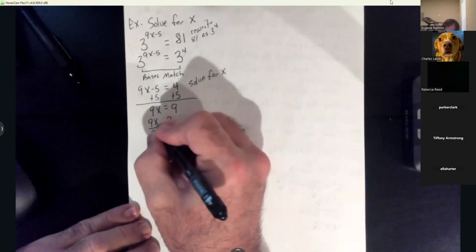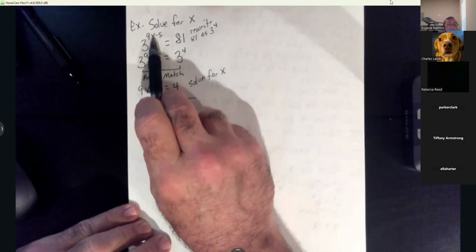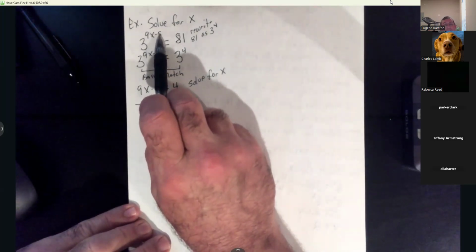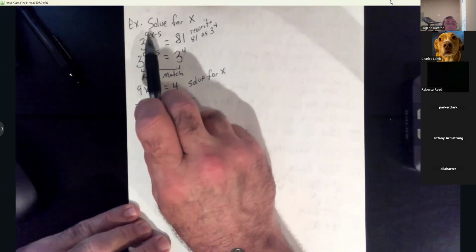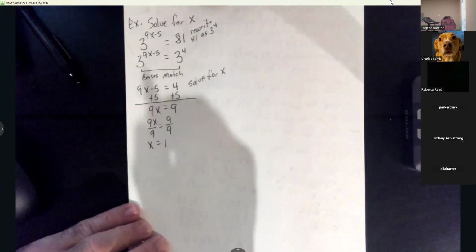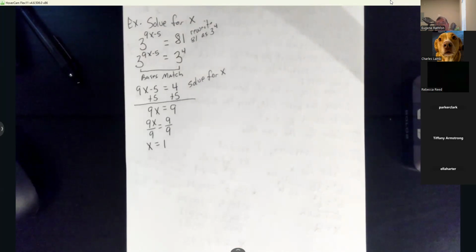So that's going to give me 1x, and then 9 divided by 9 gives me a 1. So if I put a 1 in here, 9 times 1 is 9. 9 minus 5 is 4. And 3 to the fourth power equals 81. So y'all, they definitely will check out if you plug those numbers back in, okay?